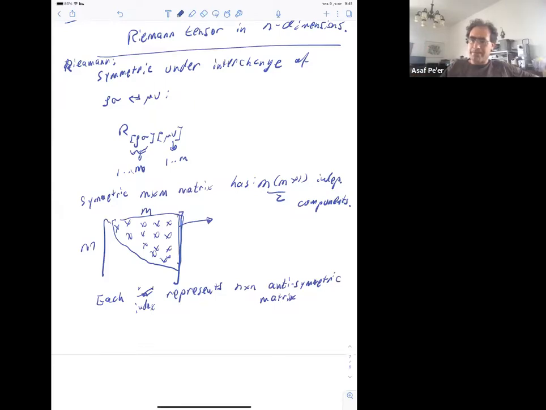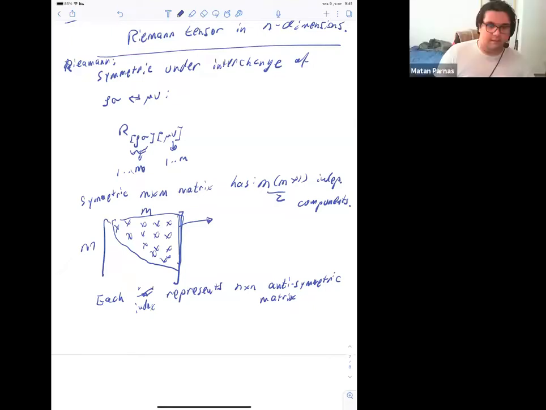So how many independent components does it have? You know the answer. You said it. n times n minus 1 over 2.